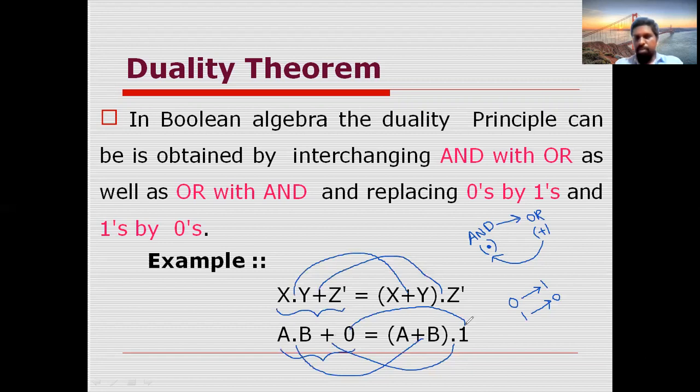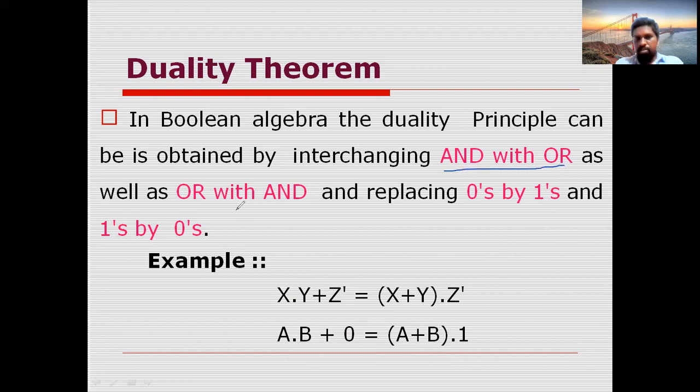Simply follow one step: wherever you find a dot in the question, replace it with plus; wherever you find a plus, replace it with dot; wherever you find 0, replace with 1; wherever you find 1, replace with 0. The pink color points I have mentioned here are important: AND with OR, OR with AND, 0 with 1, and 1 with 0. That is your duality theorem.